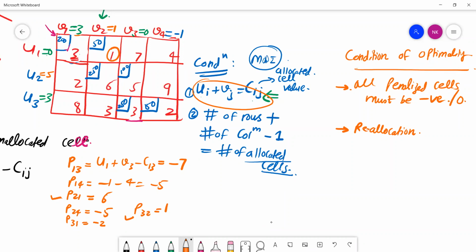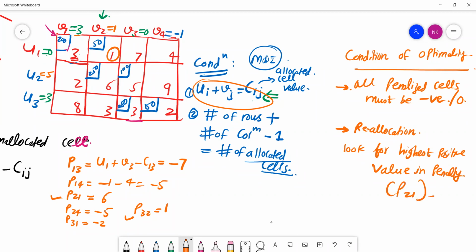In the reallocation rule, you need to look for the highest positive value in penalty. That is over here, it's this one, P21. It is the highest positive value in penalty.